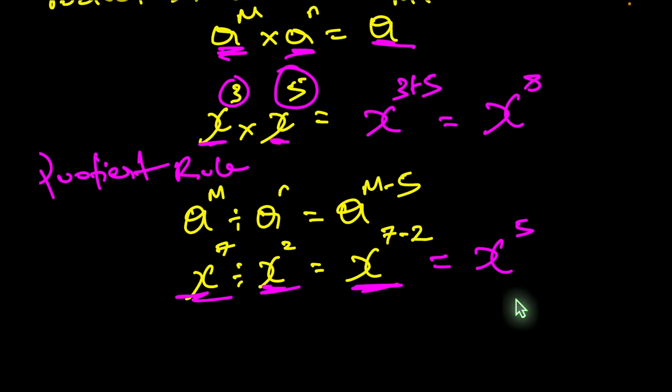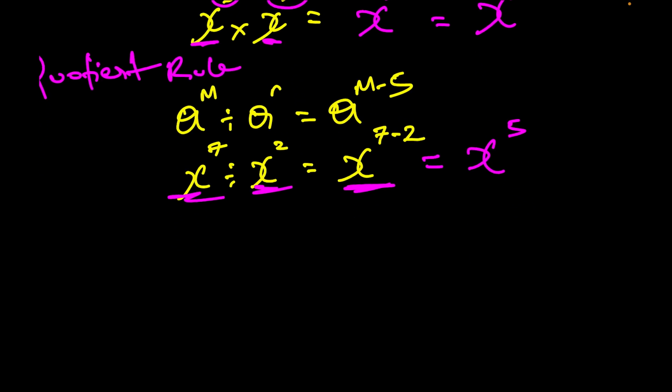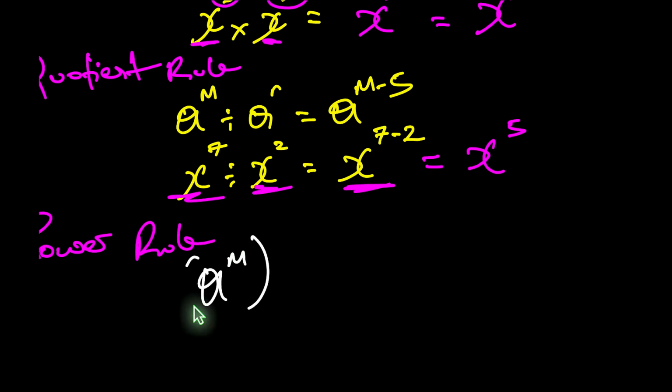Brilliant. So let's look at another rule, and this one is known as the power rule. Now, let's say in this instance, what we have is a to the power of m, in bracket, to another power like that. Then all we do with the powers when we have this format is just multiply them, and that's it.